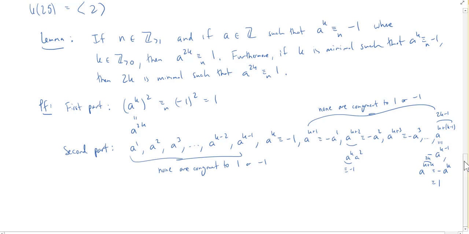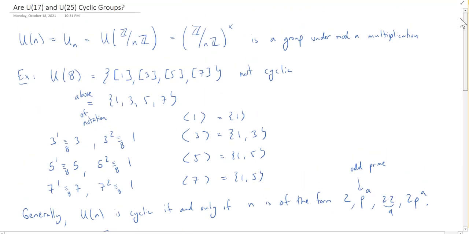So that's how we can always determine if our unit groups are cyclic. Obviously there's a nice big theorem, which is what you want to use in general. If these numbers n get really huge, you really don't want to be looking around for generators. In fact, this is a very challenging open problem, finding generators for large n.